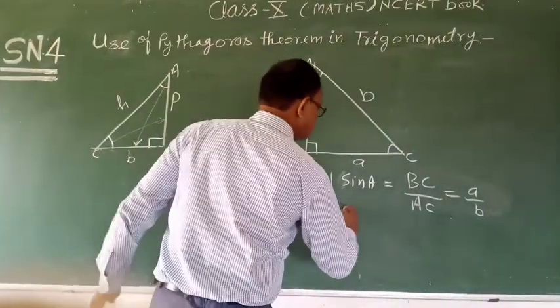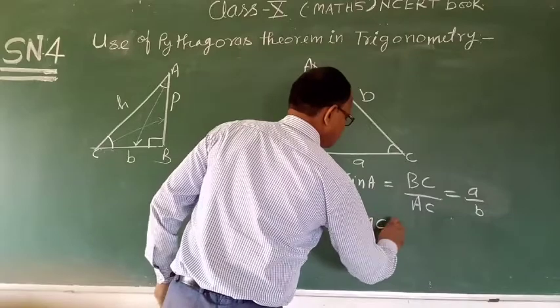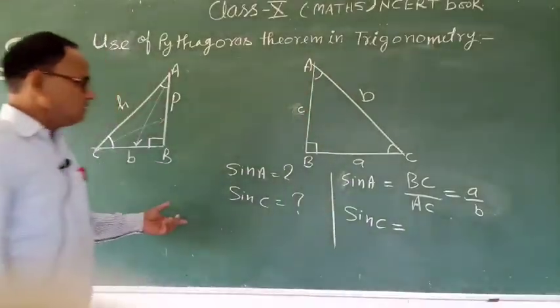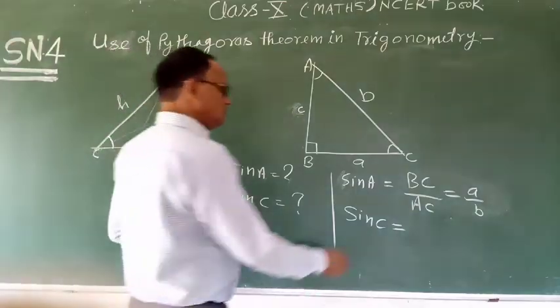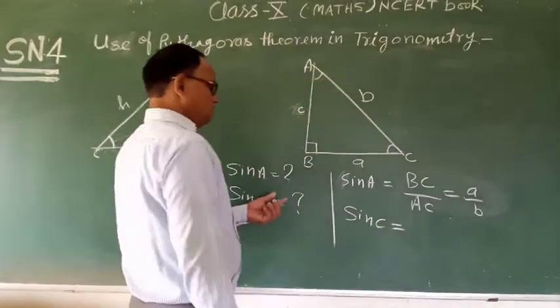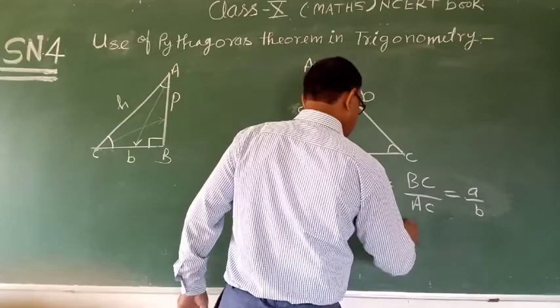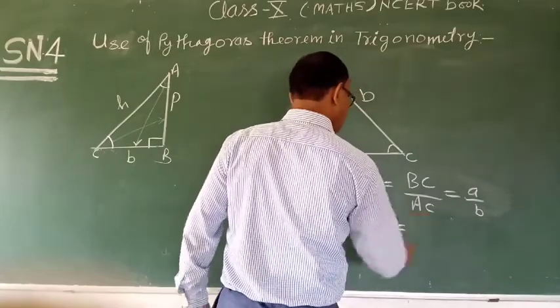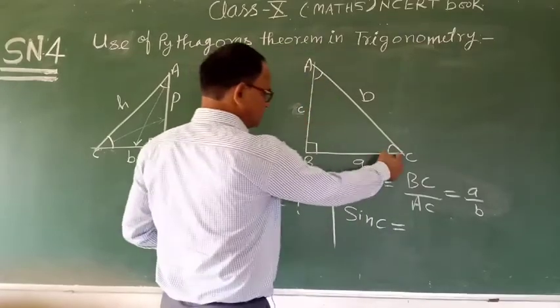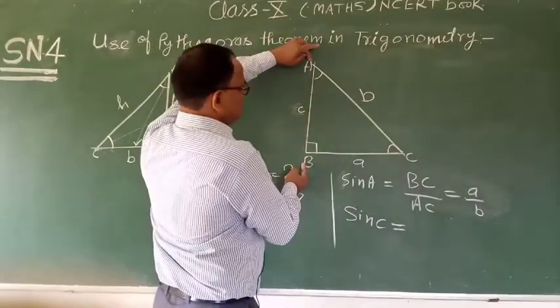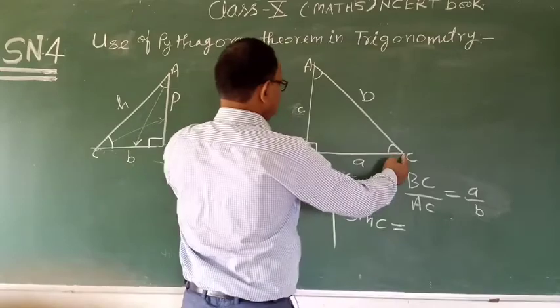And if you take sin C, then find the value of sin C. Here, if you take sin C, then AB is the perpendicular line and BC is the base.